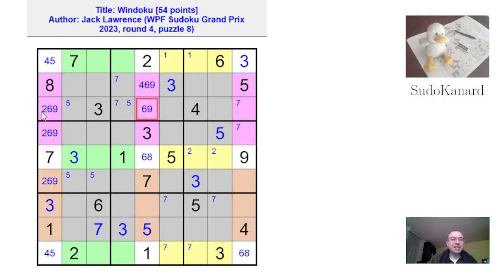Oh, and now this pink region contains a 269 triple. So that's a 4, and those are 1 and 7. So the extra region property is quite powerful. And in this column, this is from 8 and 9, and in this 269 triple, the 2 is in here, so that's not a 2.